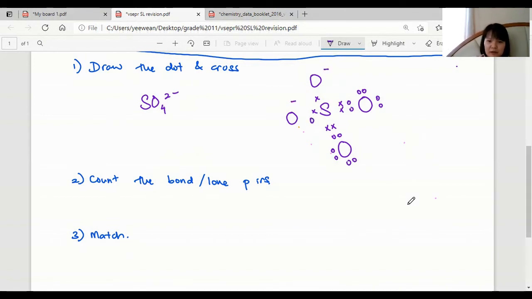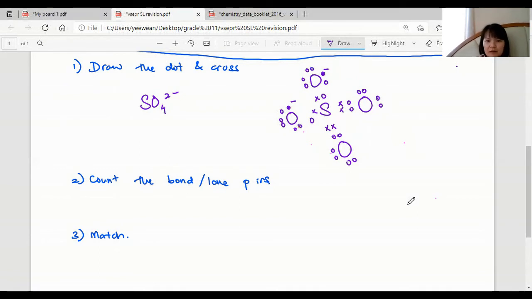And that negative charge, an extra electron, probably came from, say, sodium or potassium or calcium. So I put one extra here. And this oxygen has 6 electrons and also an extra electron that is from either sodium or potassium or magnesium, something from the metal groups.